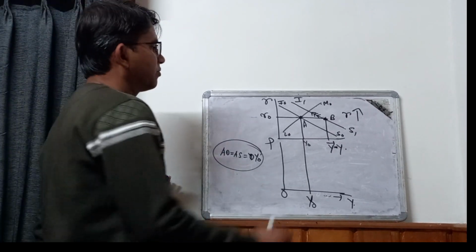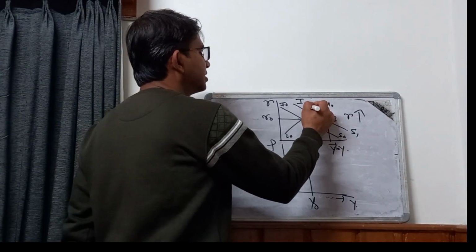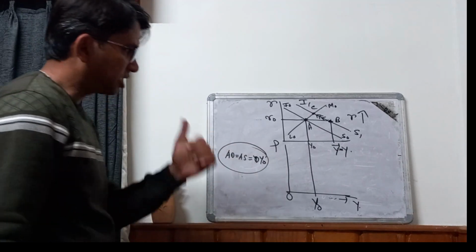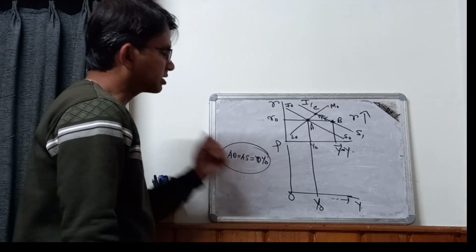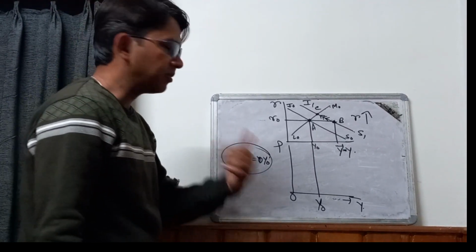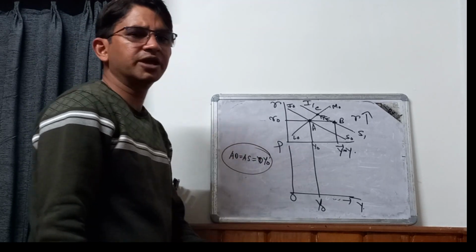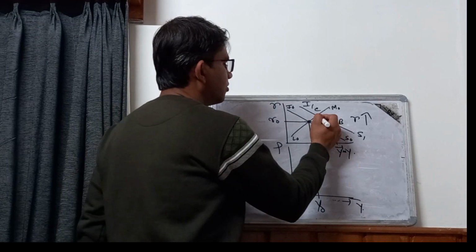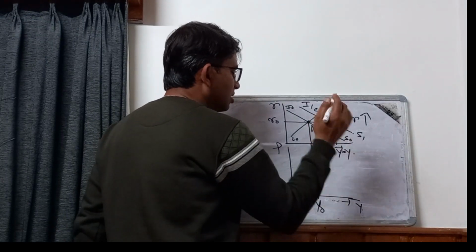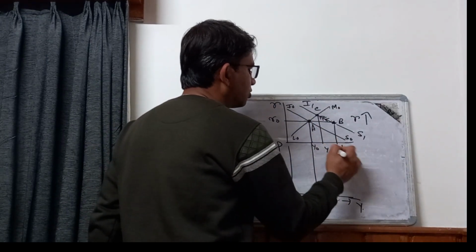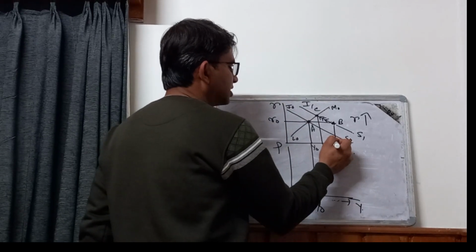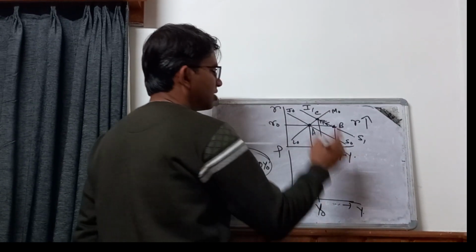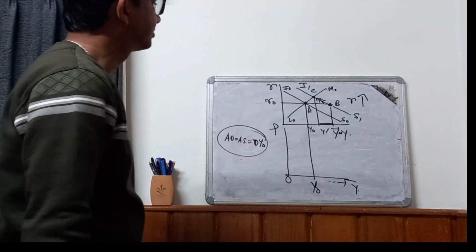The new equilibrium point will be achieved at C. So just because the government adopts an expansionary fiscal policy, aggregate demand moves from Y0 to Y dash, and Y star to Y dash is the crowding out effect.